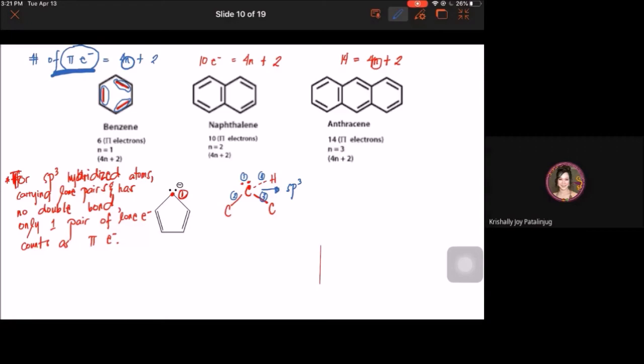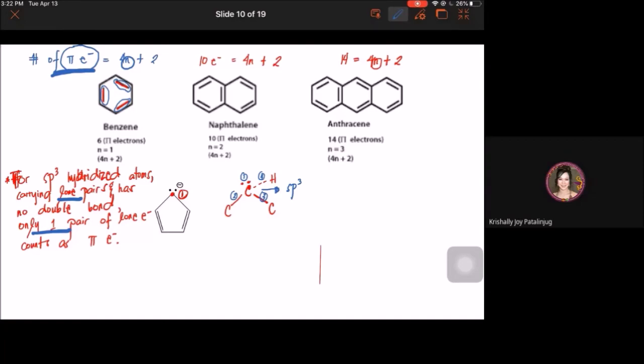Does it carry a lone pair? Yes. Okay. So for an sp3 hybridized atom carrying a lone pair and with no double bond, take note, only one pair of lone electrons will be counted as pi electrons, meaning that one pair of lone electrons is donated to the ring, which contributes to the stability of electron delocalization, or the aromaticity of the ring. Okay?